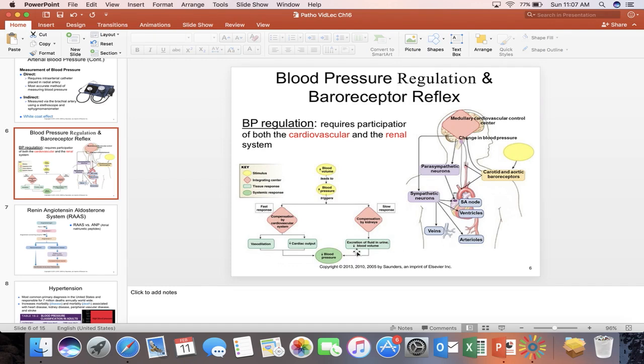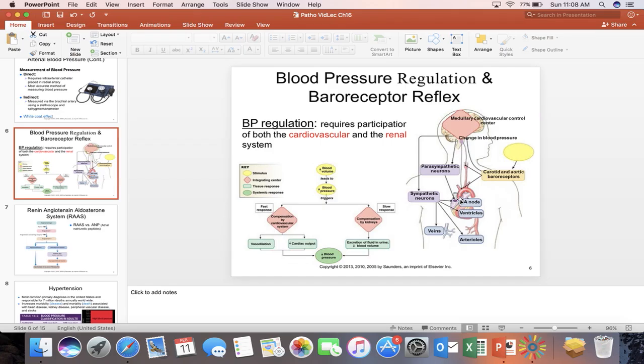The other way that your body responds to blood pressure is through the baroreceptor reflex. There are two areas in your body where you have baroreceptors. One is the aorta, and the second one here is the carotid. These baroreceptors, which are pressure receptors, sense a decrease or an increase in blood pressure, and then they will activate either the parasympathetic or the sympathetic nervous system to regulate your blood pressure.